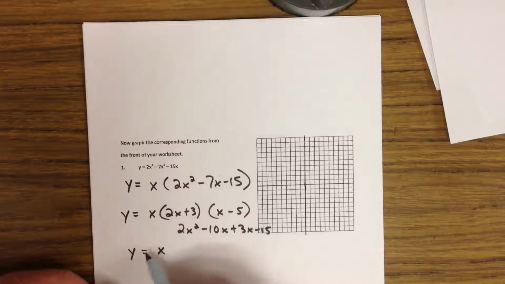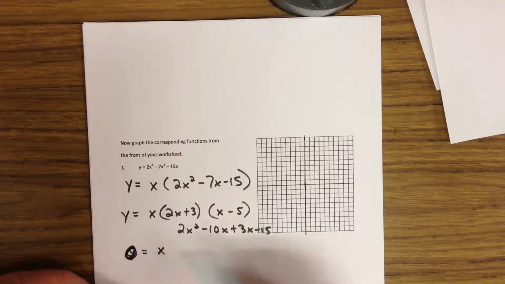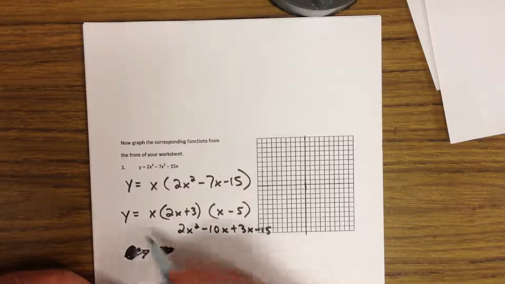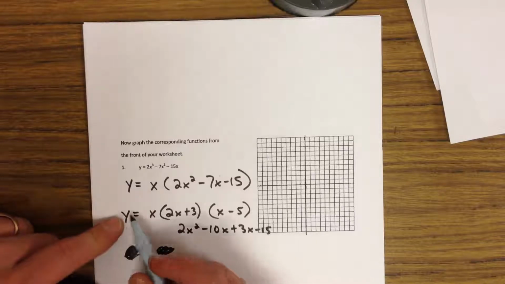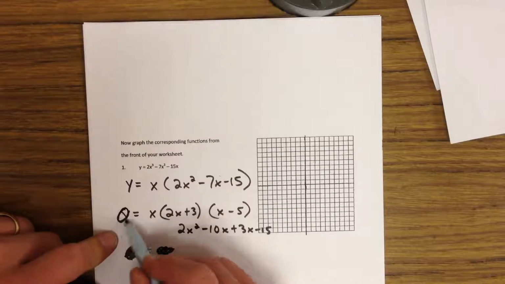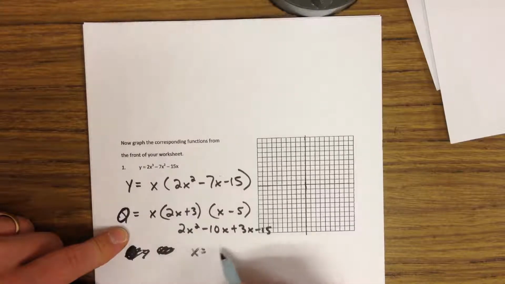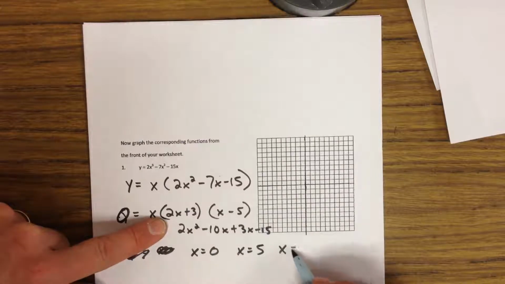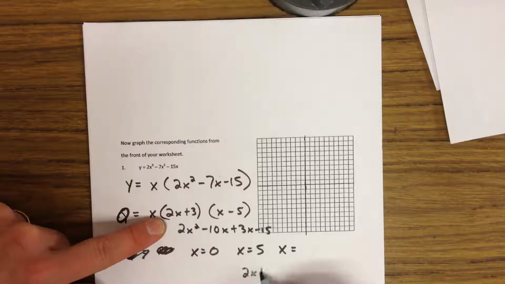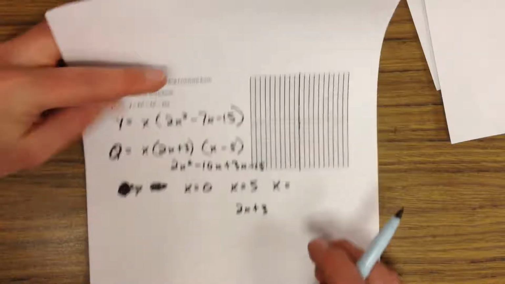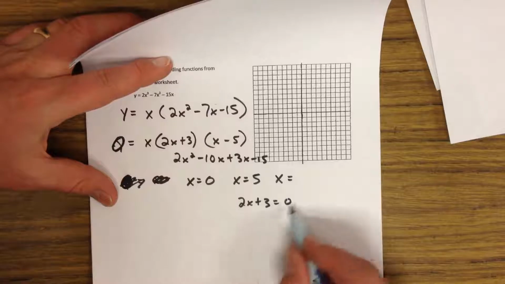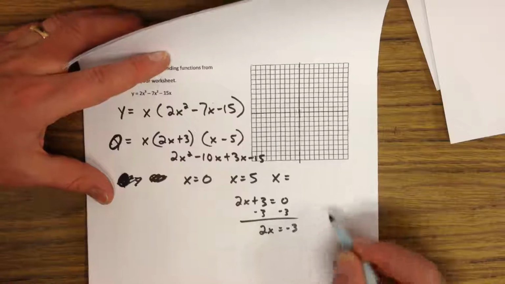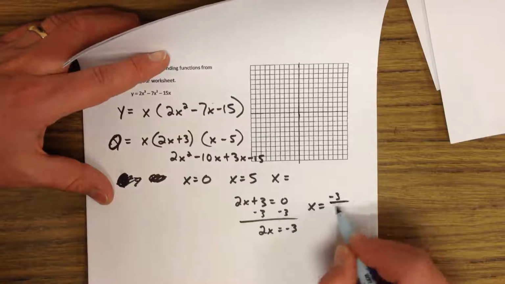So it looks like my zeros, okay, if I'm worried about where this equals 0, sorry. If I evaluate this at 0, where y is equal to 0, which is the x-axis, x equals 0, x equals 5, and then my other zero is, if I set that equal to 0, subtract 3, divide by 2, I get x equals -3/2.